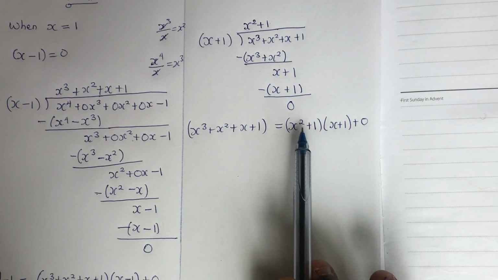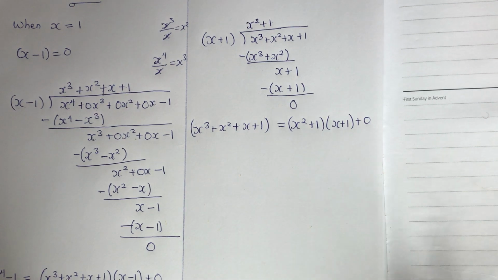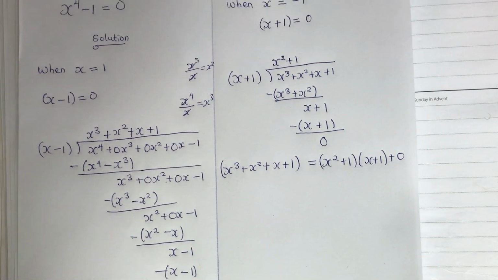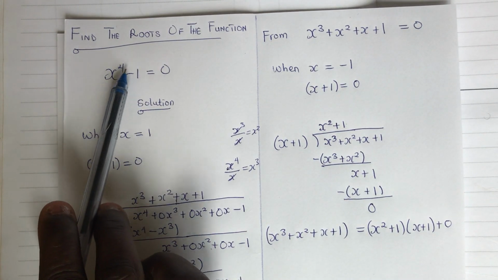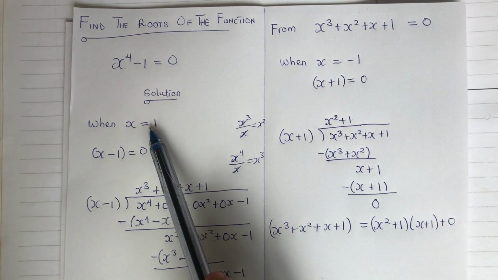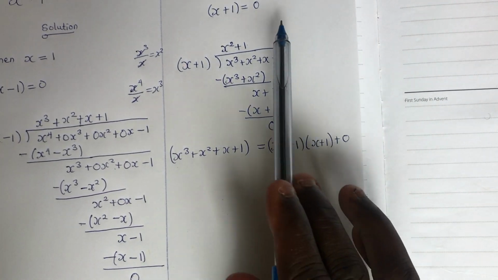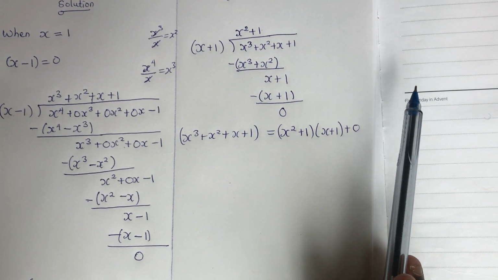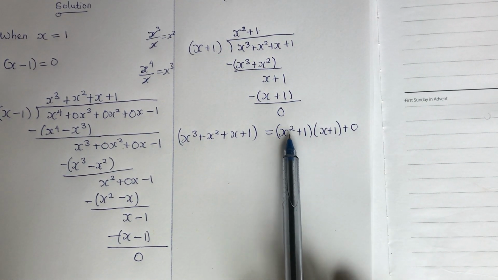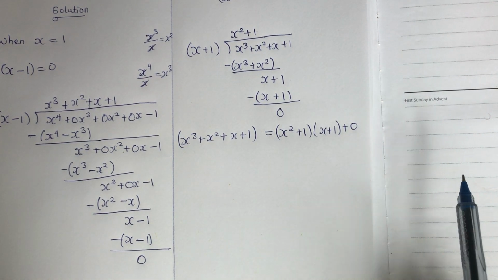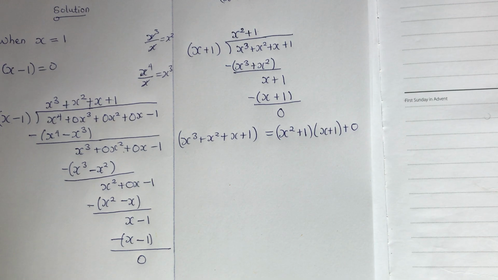We need the roots of this one because the roots are supposed to be 4, because the main function given to us was x raised to the power 4 minus 1. So we are going to get 4 roots. We first found one, which is 1. We found another one, which is negative 1. And then we are left with 2 that we will get here. When we add them to the other results, we get 4 of them.